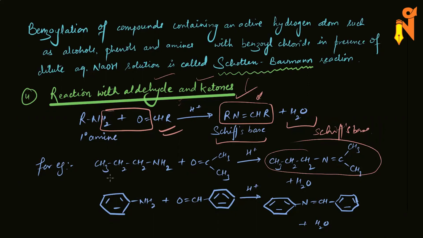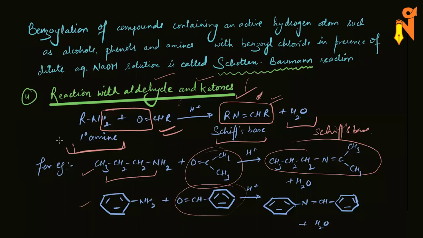Now here you see there is any kind of amine, you can take aromatic or aliphatic. Both will tend to show the same reaction no matter whichever aldehyde or ketone you have taken. Even your aldehyde or ketone can also be aromatic. Your amine can also be aliphatic or aromatic. But it should be primary for formation of the Schiff's base.